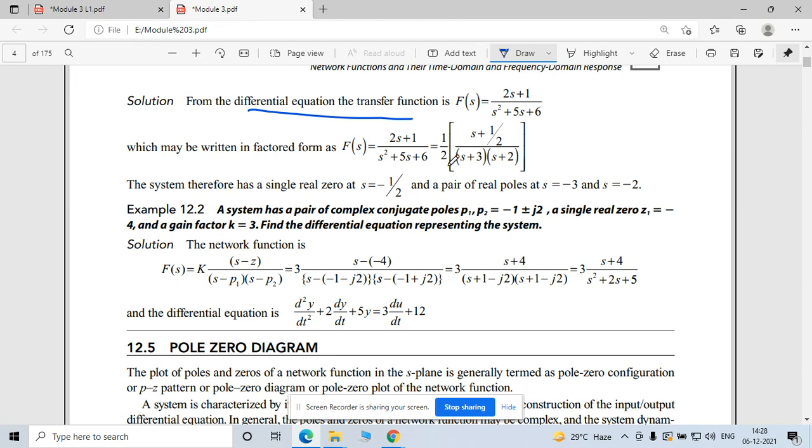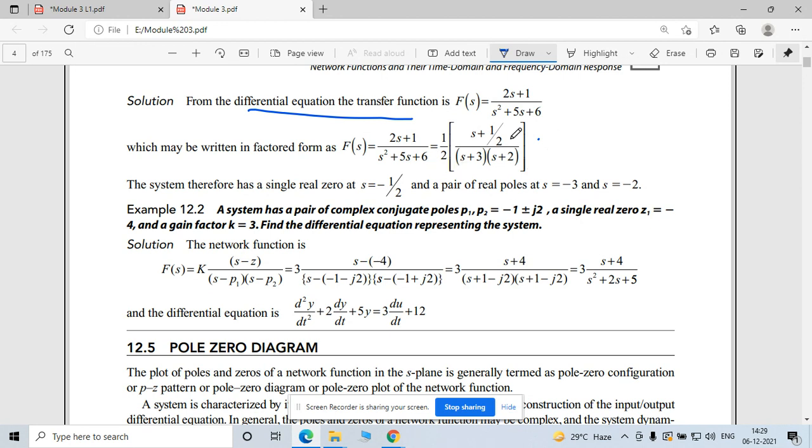For making it in the standard form, you have to remove the coefficient of s. The s coefficient must be 1 for knowing your zeros and poles. Now see here, when you take out the 2, this becomes s plus 1 by 2, and this factor is your constant k, right?